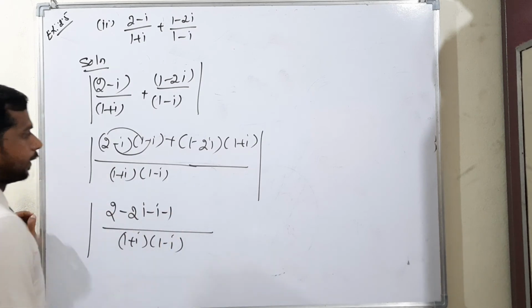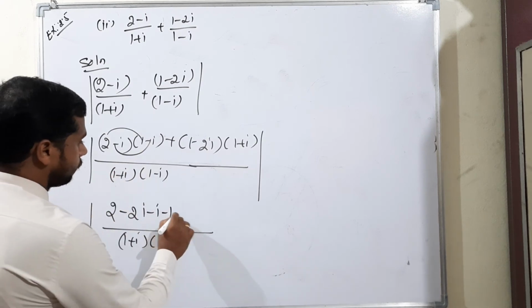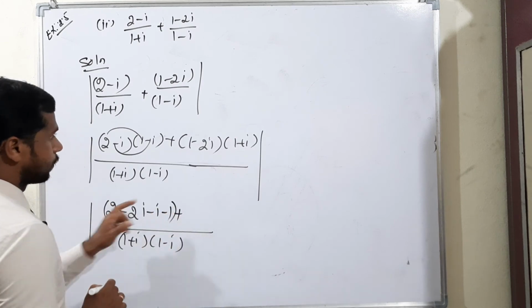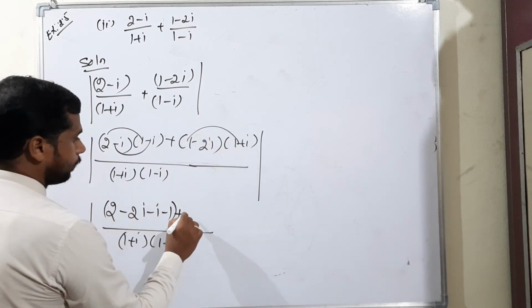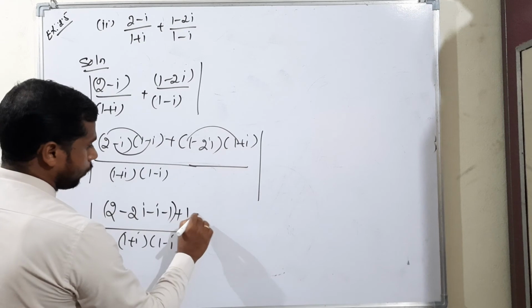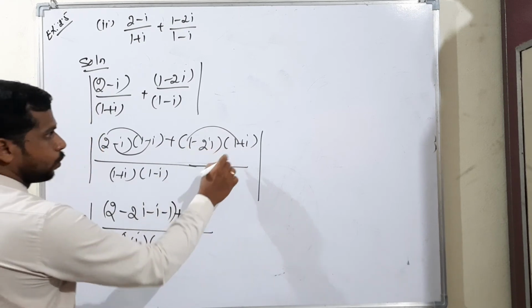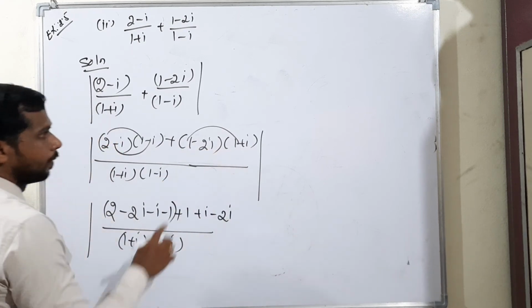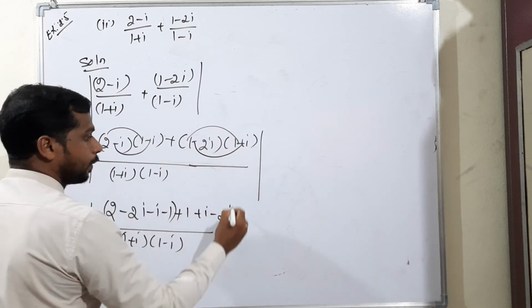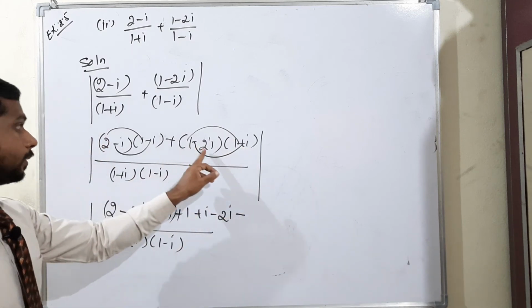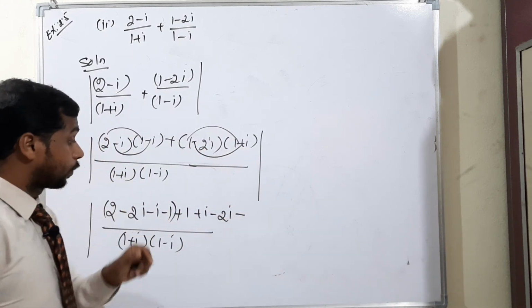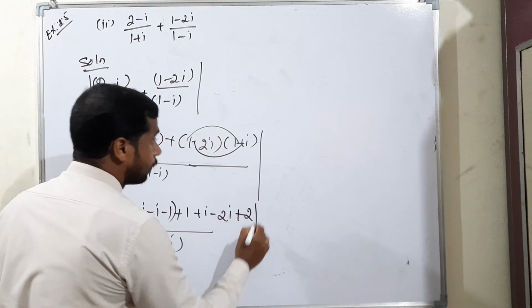So we can write minus 1. The last term, this is the first term, isn't it? So the next one, 1 into 1, 1, again i into (1 plus i), minus 2i into (1 minus 2i). Last one, listen very carefully, plus into minus, minus, but 2i into i, i square means plus 2 will come.